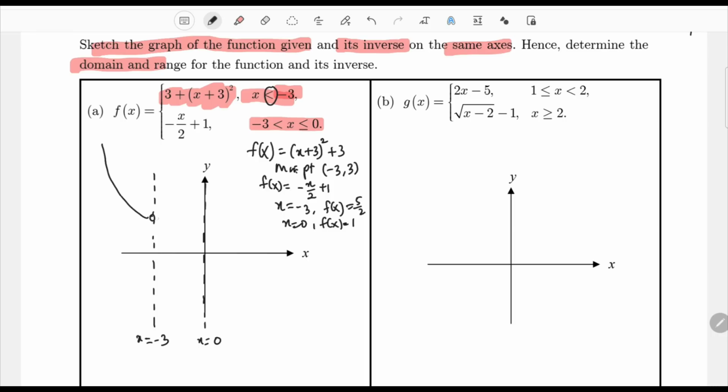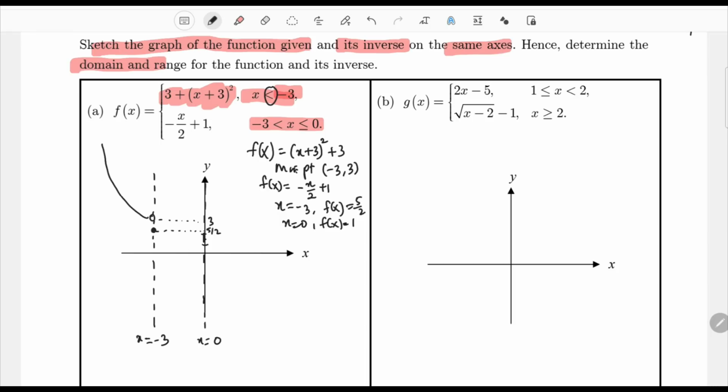So this is 3. So half of it should be, 5/2 is 2.5. So 1, 2, 2.5 somewhere here. So that will be here. So this is 5/2.